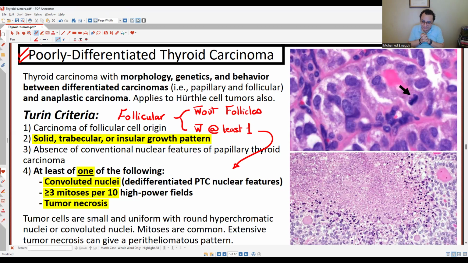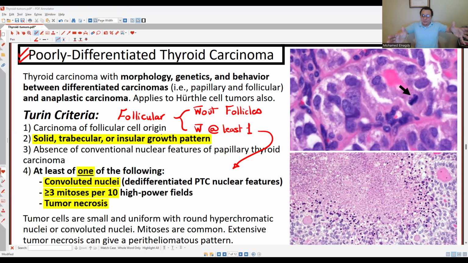The presence of normal tissue? Good, not normal tissue, almost there. The presence of a differentiated carcinoma. So who was talking to me? Sorry, I didn't see who was talking. Alia, yeah.